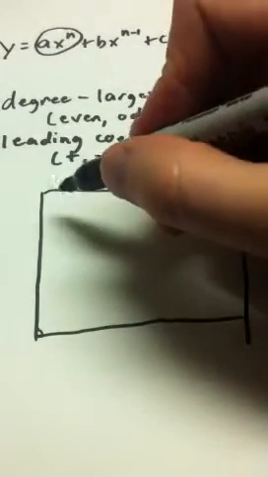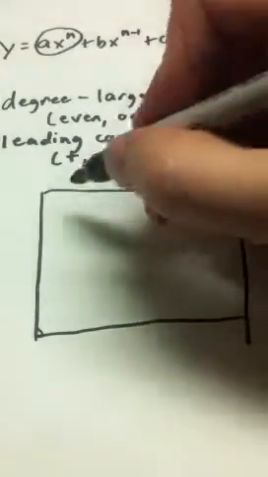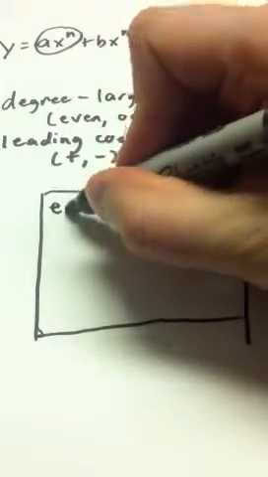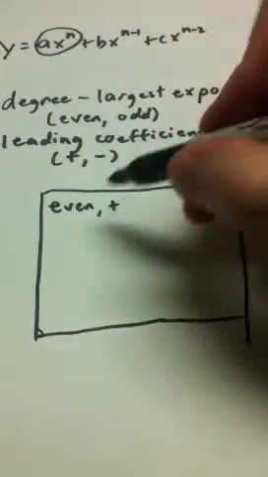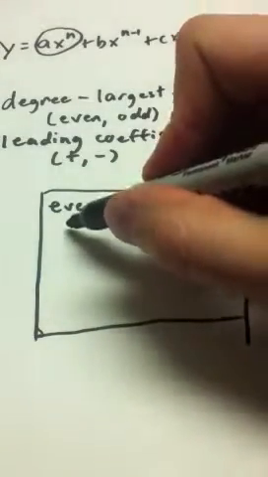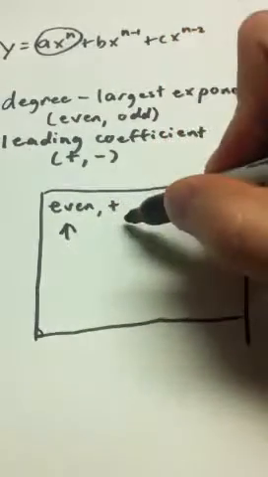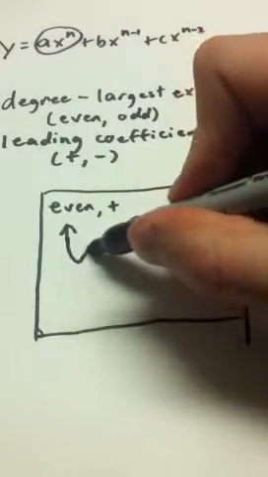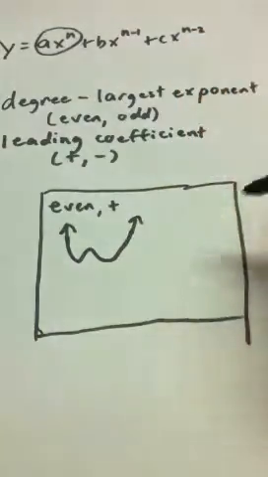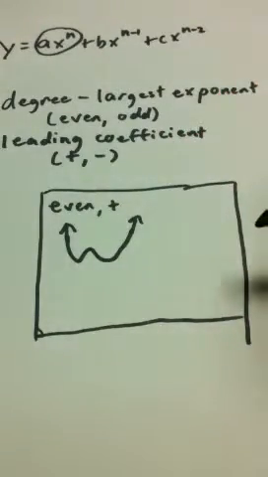And so let's start with even and positive. If I get an even positive, basically what's going to happen is my graph is going to be pointing up and up. Now, who knows what's going on? I could turn a bunch of times, but in the end, my end behavior is going to be up and up.